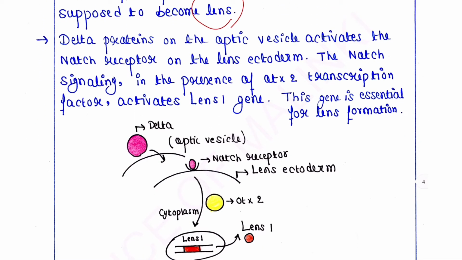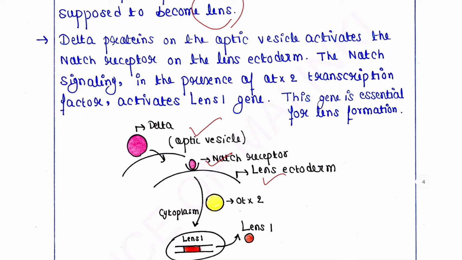Delta proteins on the optic vesicle activate the Notch receptor on the lens ectoderm. Here you can see this is the optic vesicle and this is the lens ectoderm. Delta proteins are released from the optic vesicle and bind to the Notch receptors on the lens ectoderm.